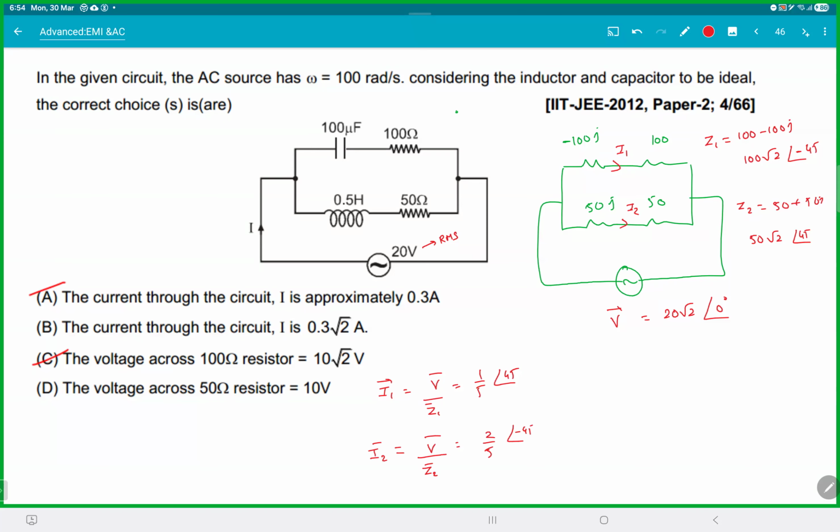You got two currents. So how to get the net current? So we have one vector making 1 by 5 with 45. You have another vector making 2 by 5 with minus 45. The angle is actually 90 degrees between them. So the resultant, you can directly argue the I net will be root over 1 by 5 square plus 2 by 5 square.